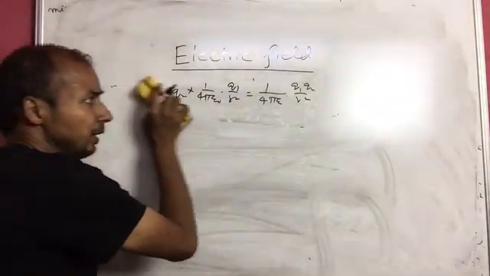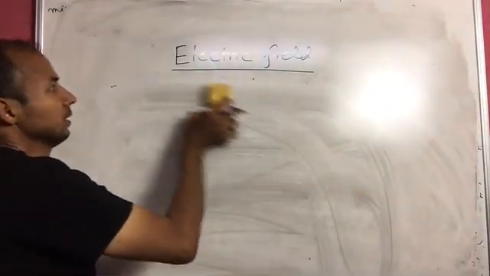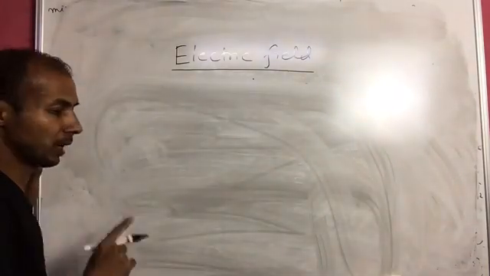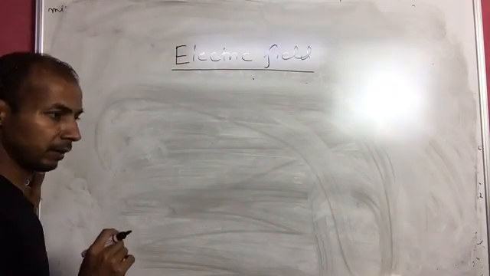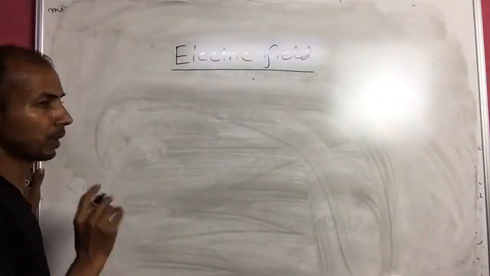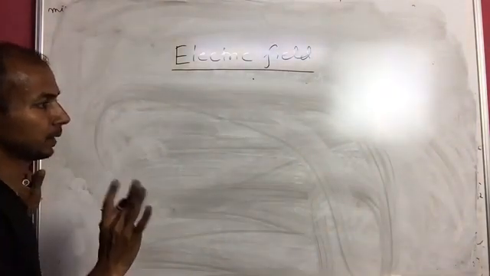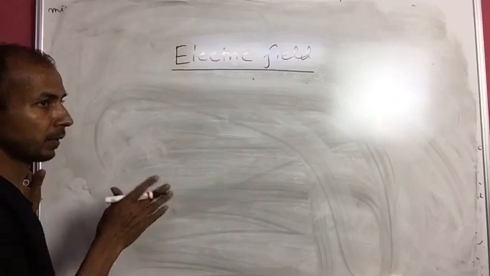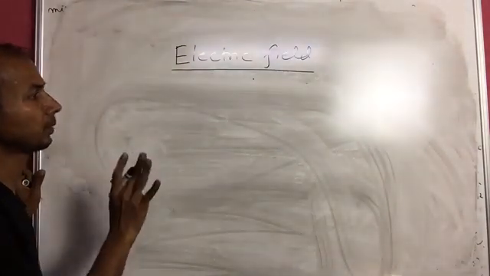What you have to remember, whenever you want the direction of electric field, is that electric field is nothing but electric force on unit positive charge. So the direction of electric field will be the direction of electric force only. Correct? So whenever you are doubtful about the direction of electric field, just find out the direction of net electric force at that point. That should be the direction of electric field.